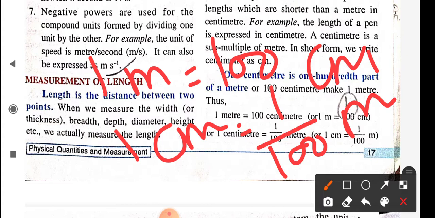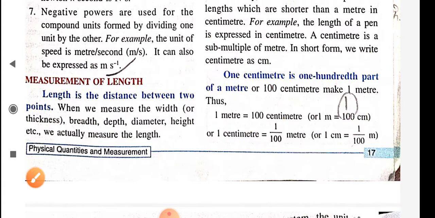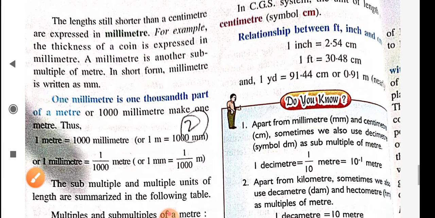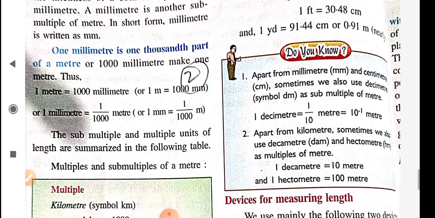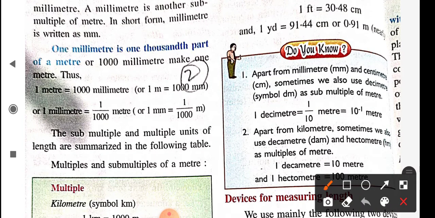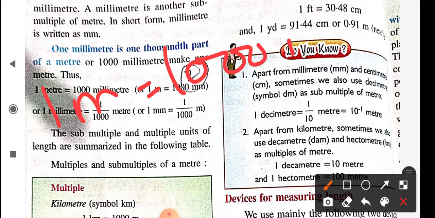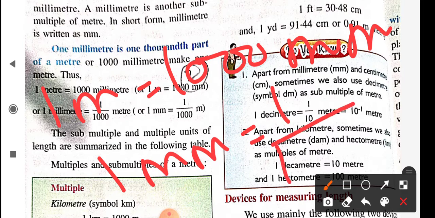Now next, 1 millimeter is the 1000th part of a meter. Yes, 1 meter equals 1000 millimeters, and in short form we write mm. And 1 millimeter equals 1 upon 1000 meter.